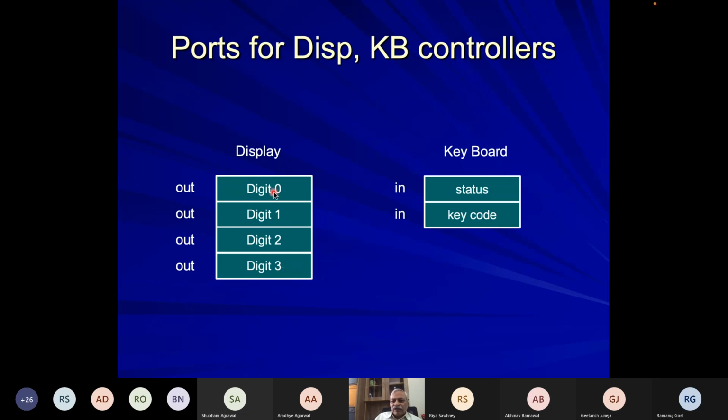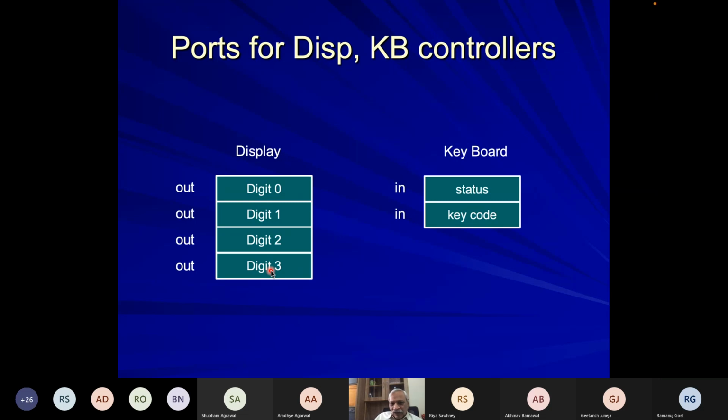Imagine that you have 4 registers in the display controller where the processor can write these 4 digits and the display controller will take care of the rest. So the job of the processor is to perform 4 writes at these addresses and write these digits.